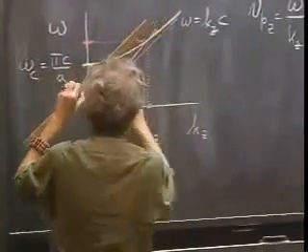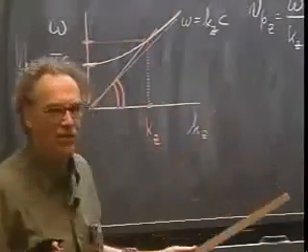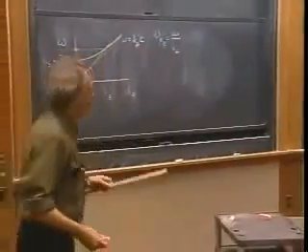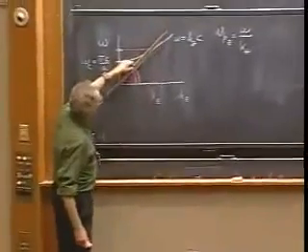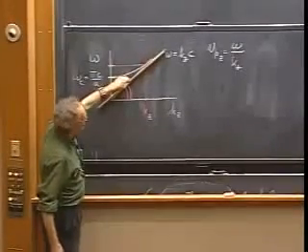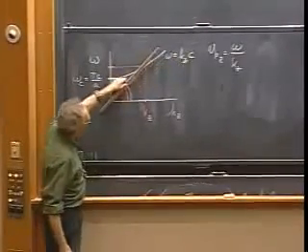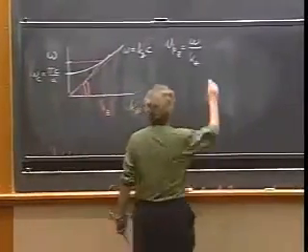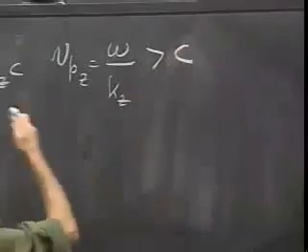This angle is an indication for the ratio omega divided by kz, which is larger; this angle is higher than this one. And this was c, remember? And so you see that that value is always larger than c. You can just see that by looking at the graph.